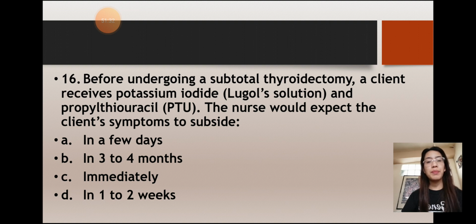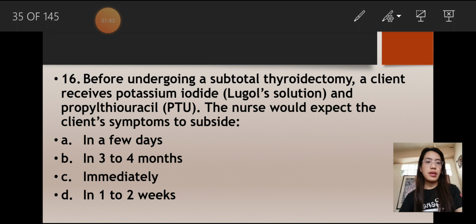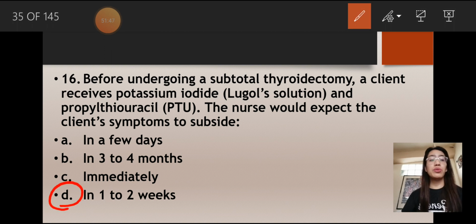PTU para bumagsak ang production ng T3 at saka ng T4. So, agad-agad ba ang epekto ng mga yan? Hindi. Usually, you have to wait for how many weeks? It's about 1 to 2 weeks bago may kita yung effect ng mga gamot na yan. Okay? So, 16 is letter D.